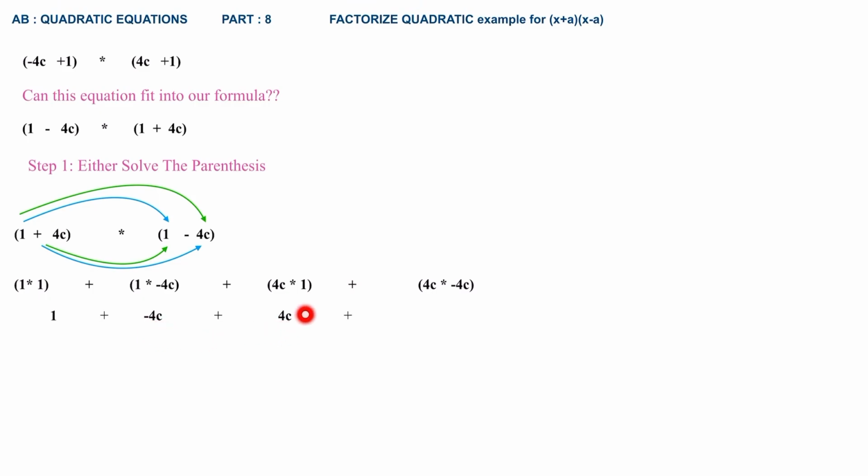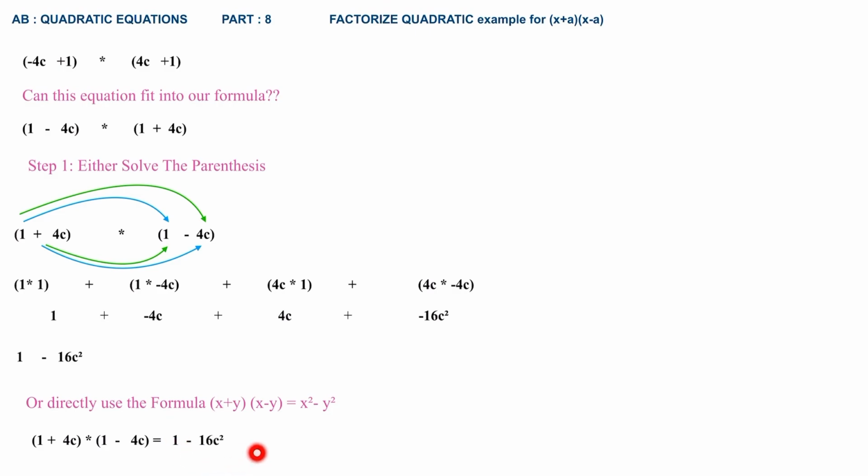Already minus 4c and 4c in my head, these two are gone. And then 4c times minus 4c is equal to minus 16c squared. So that would be equal to 1 minus 16c squared. Or directly use the formula and you will get an answer of 1 minus 16c squared.